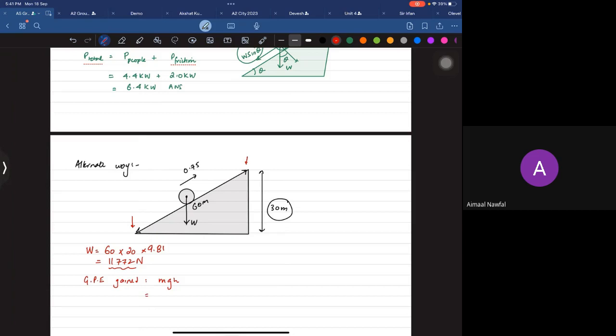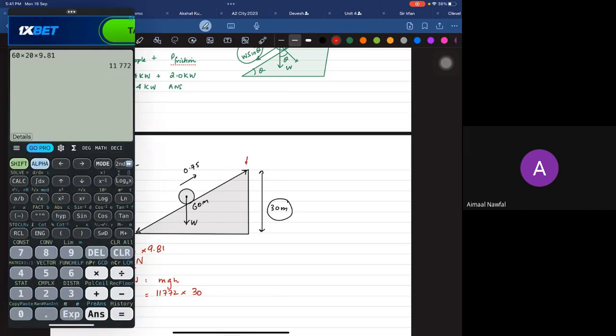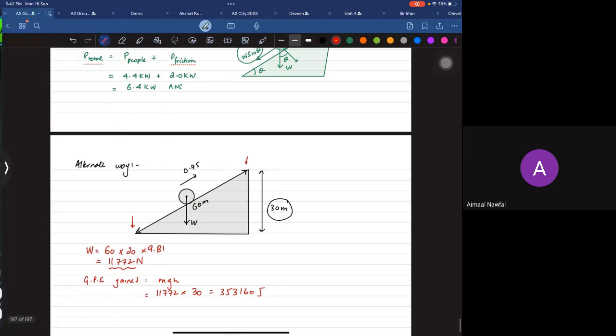So the weight is 11,772 and the height is 30. Do you guys agree? Then we multiply this with 30, so I get 353,160 joules.